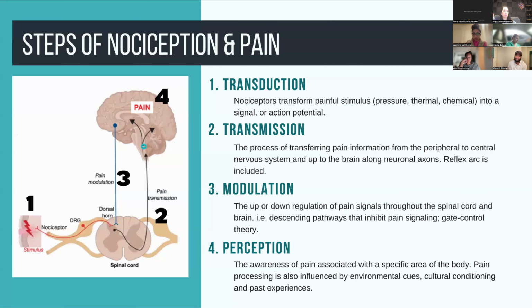Okay, so that's transmission. At the same time as that signal is going up to the brain, branches from those neurons that are going up connect with neurons in the brainstem to go back down. It's kind of interesting. It's like going in this big loop. So even though this blue dot is over here in the brain, really it should be here in the brainstem.